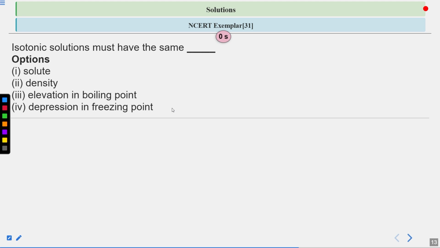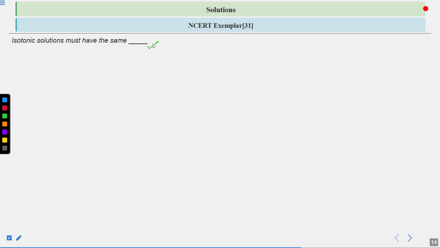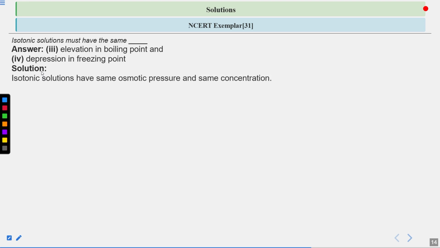Okay, let's see. For this given question, the correct answer is option third and fourth, which is elevation in boiling point and depression in freezing point. Isotonic solutions have the same osmotic pressure and the same concentration.